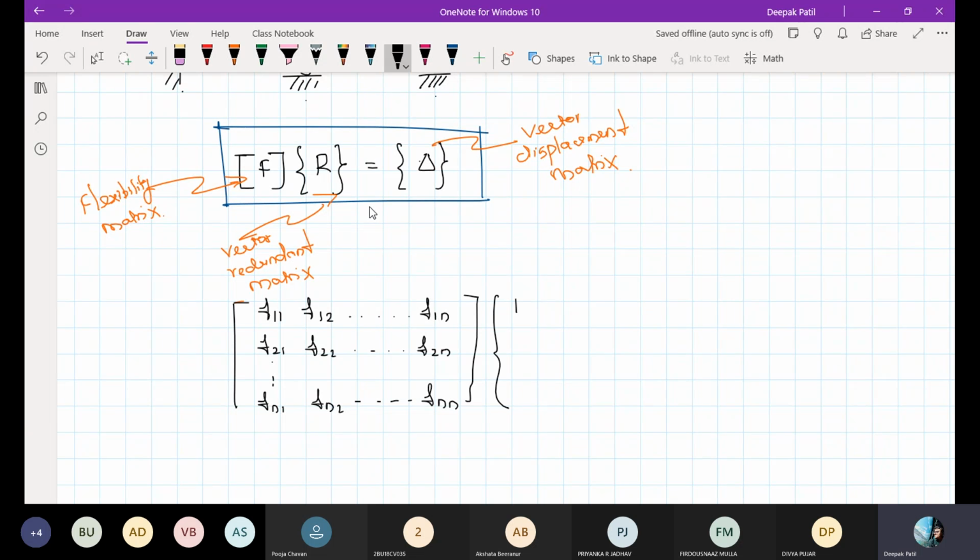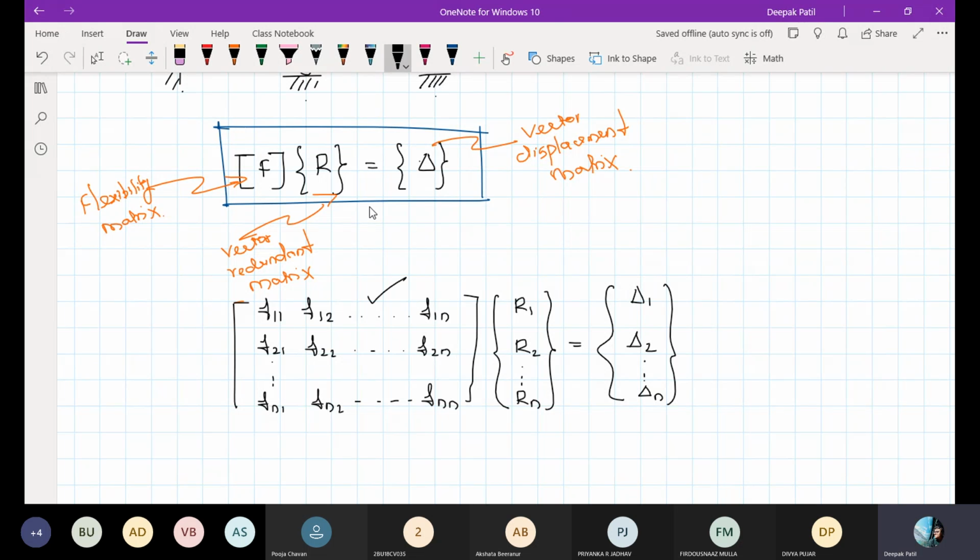This redundant matrix includes R1, R2 up to Rn, that many numbers. This equals the displacement matrix, which includes delta 1, delta 2, up to delta n.